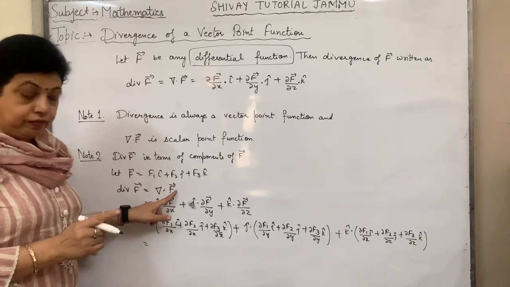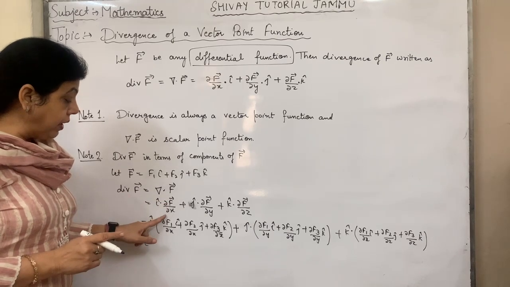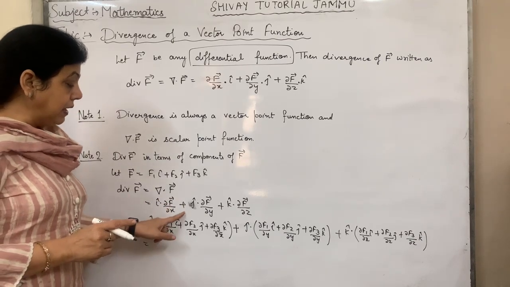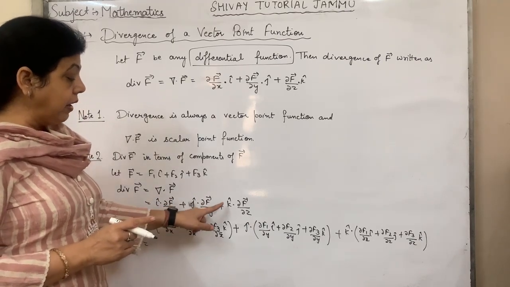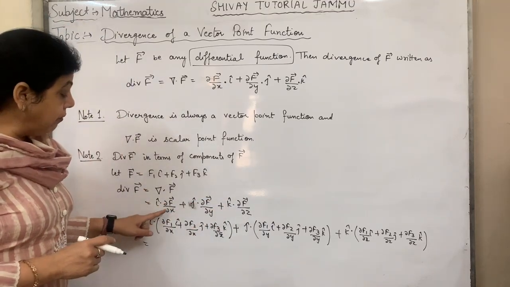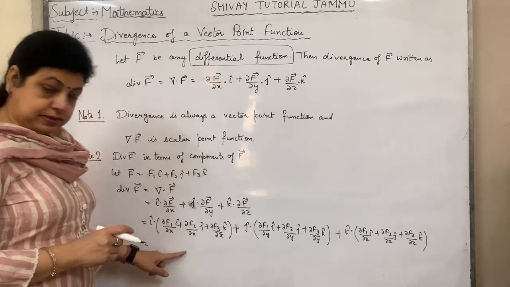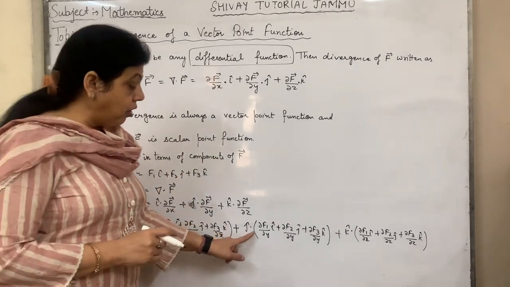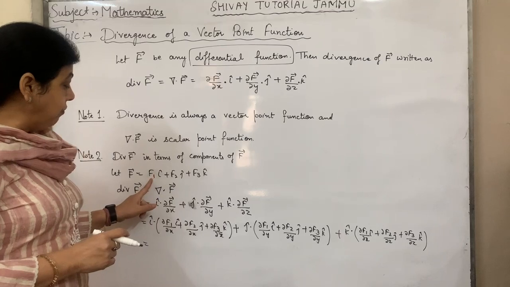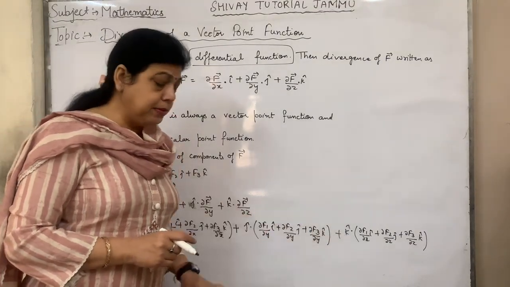Del dot f means i dot curly f by curly x, plus j dot curly f by curly y, plus k dot curly f by curly z. Firstly, curly f by curly x means f1 with x, f2 with x, f3 with x. Similarly j dot with y: f1 with y, f2 with y, f3 with y, and the same for z.